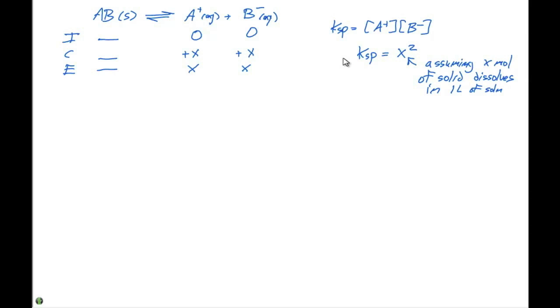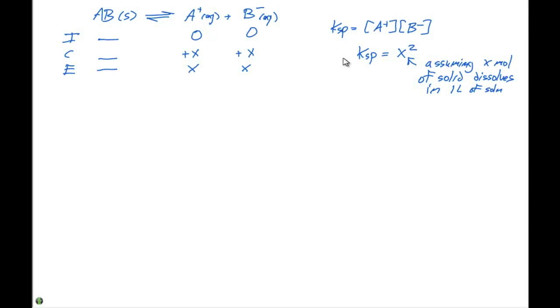That means the KSP is going to be equal to X squared. And we can set up these ice tables, and everything that has the same 1-to-1 cation to anion ratio is going to give us the same KSP expression. This is why we can group them based on this.